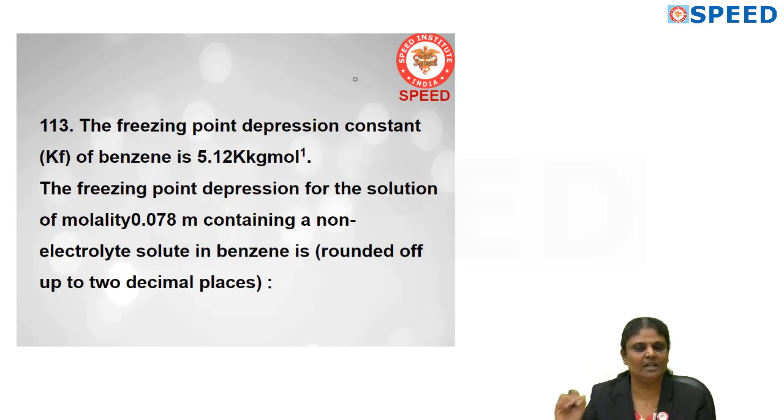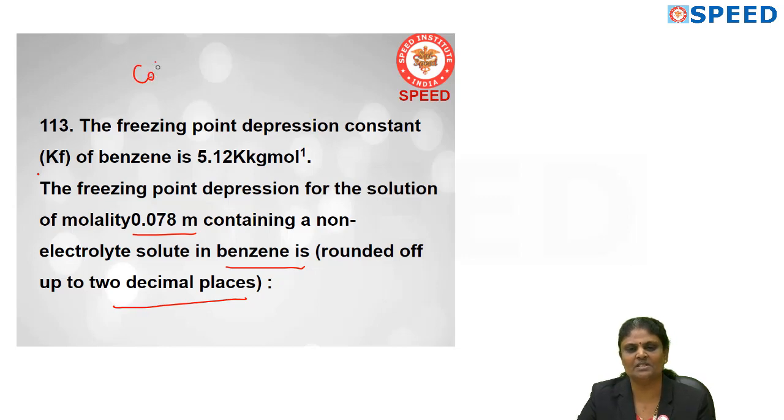And then 113th question, the freezing point depression constant is given of benzene. The freezing point depression for the solution of molality 0.08 m containing a non-electrolyte solute in benzene is. Okay, so you have to round it off value to 2 decimal places.